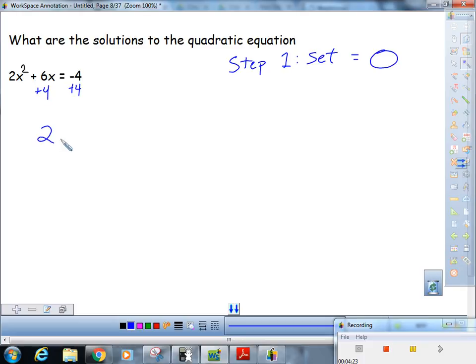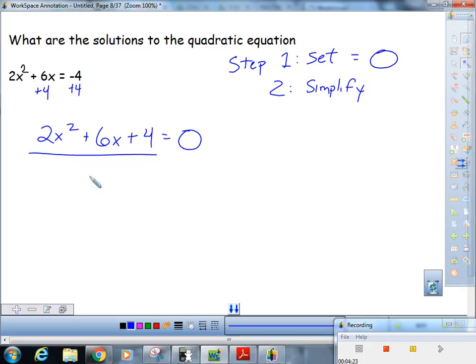And you get 2x squared plus 6x plus 4 equals 0. Step 2, simplify. Okay, I'm going to divide each side by 2 because I'm allowed to do that. And that gives me x squared plus 3x plus 2 equals 0.